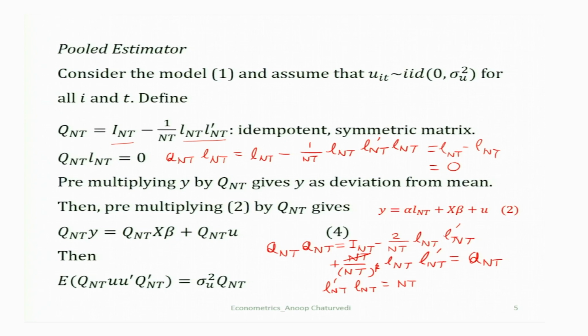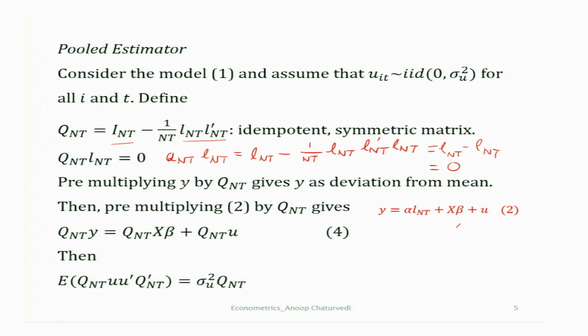Then if we pre-multiply y by Q_nt, it gives y as deviation from mean. Suppose you take the y vector, then l_nt transpose y divided by nt gives you, say, y bar, the mean of all the y's.